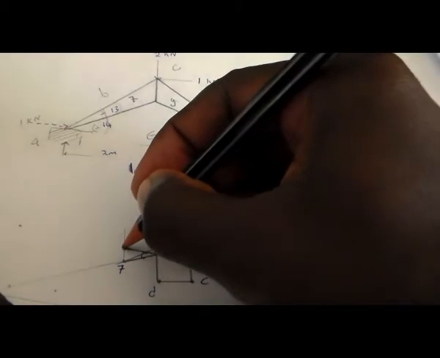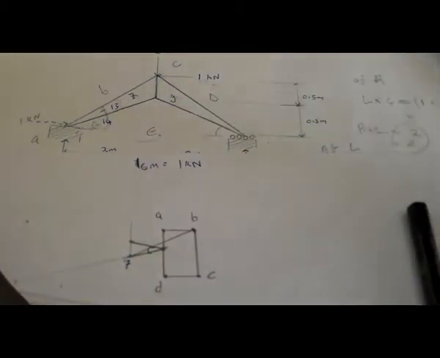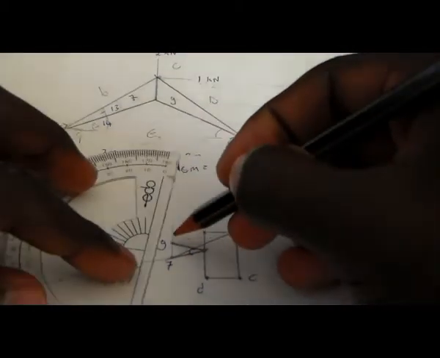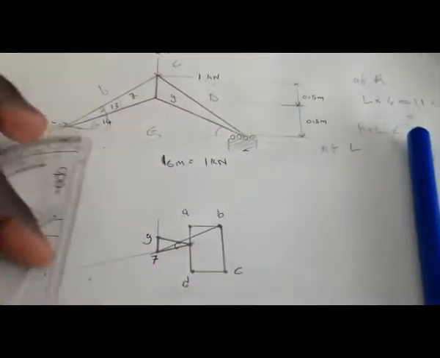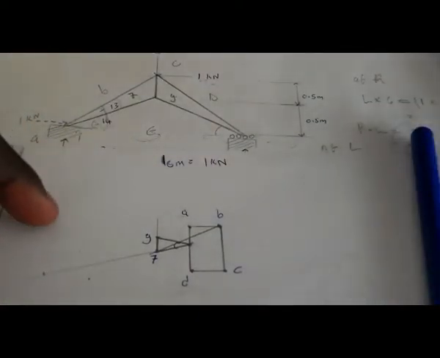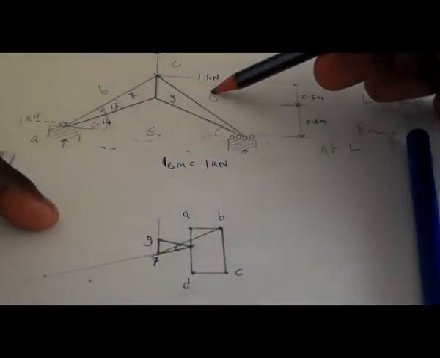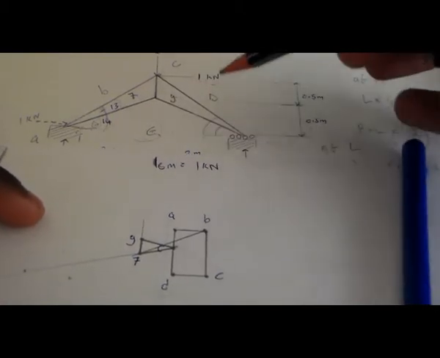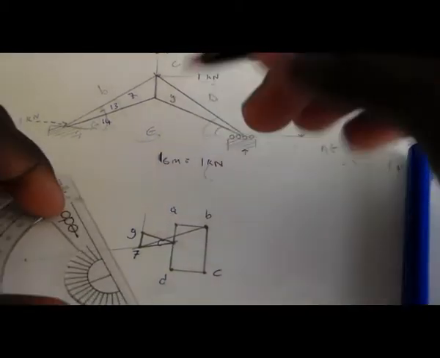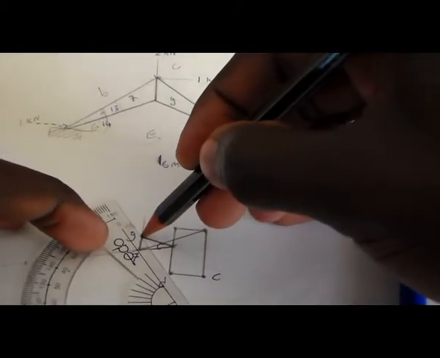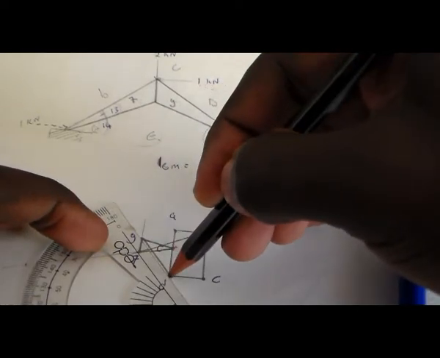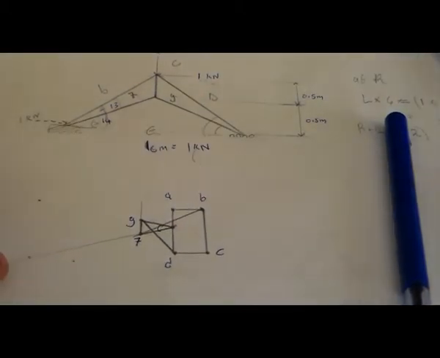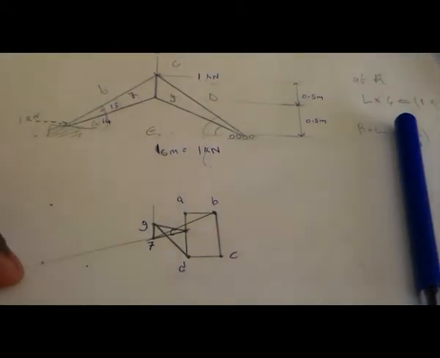This is G, and we draw it in bold here. Then from G to D we are having the whole angle of 27, so you can just draw a straight line from G to D, and this will be your vector diagram.